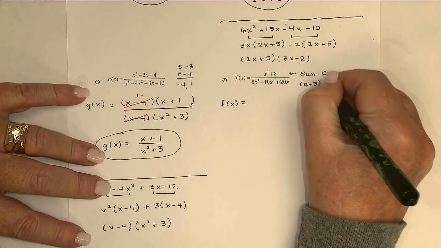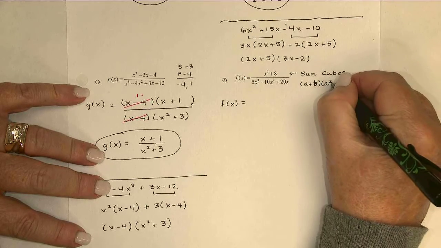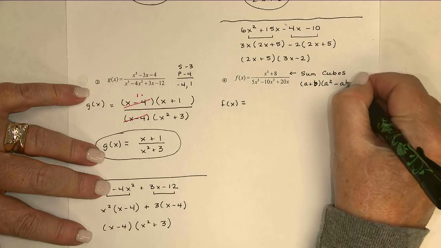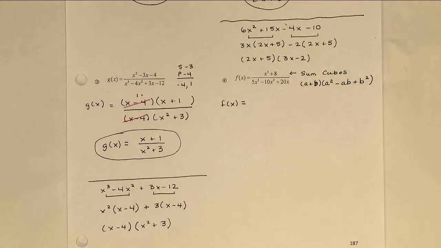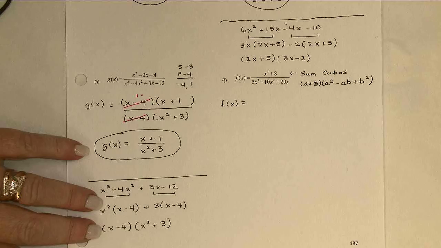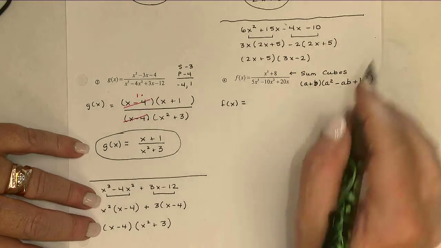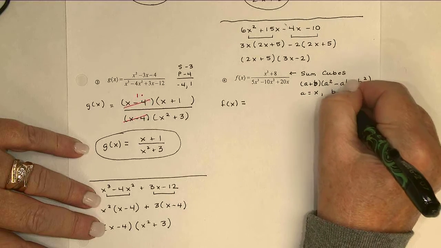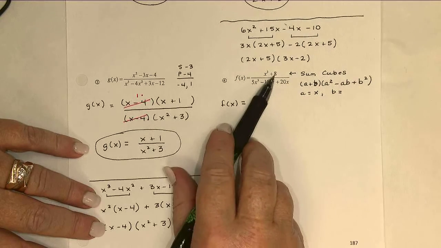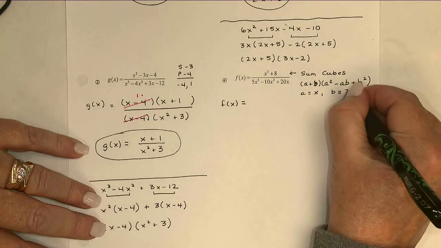It looks like this. And in this particular case, the A would be the x, and the B, that's actually B cubed. So B would have to be 2, since 2 cubed is 8.